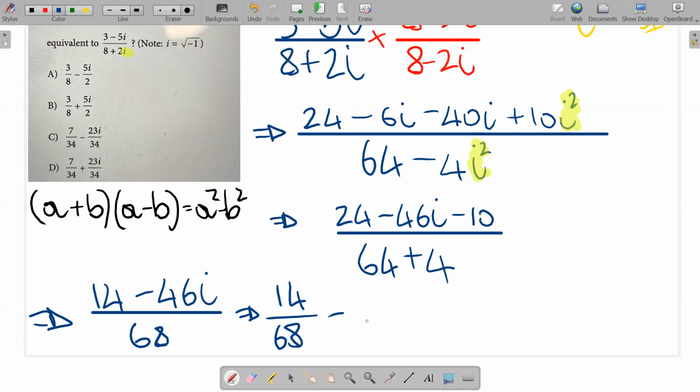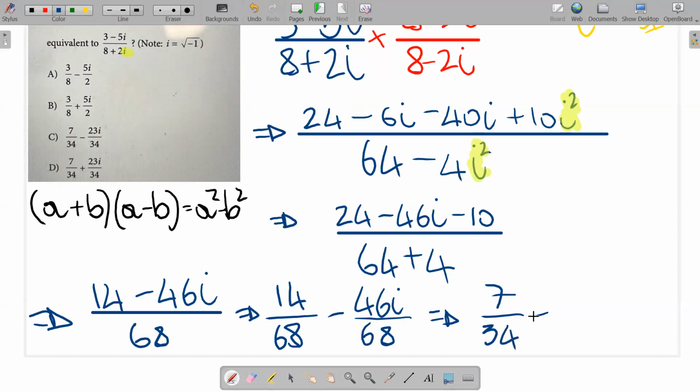minus 46i over 68. And we can even simplify more now, because 14 over 68 is equal to 7 over 34.